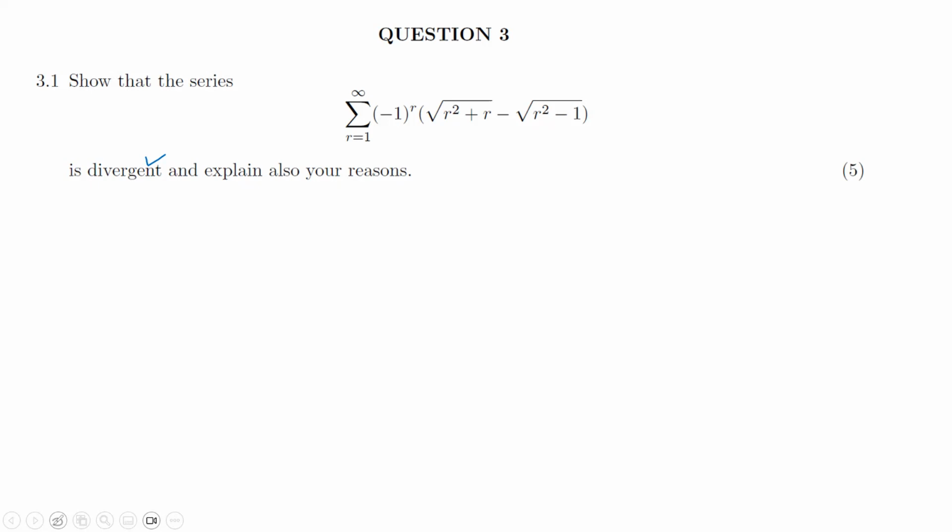So we let a_n be minus 1 to the n, the square root of n squared plus n minus the square root of n squared minus 1.